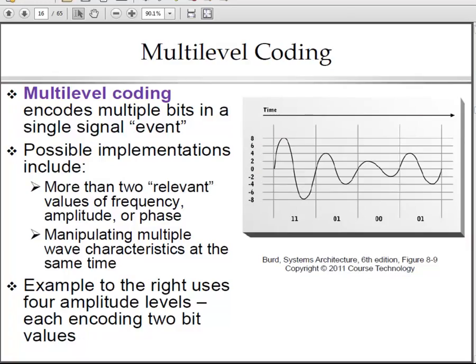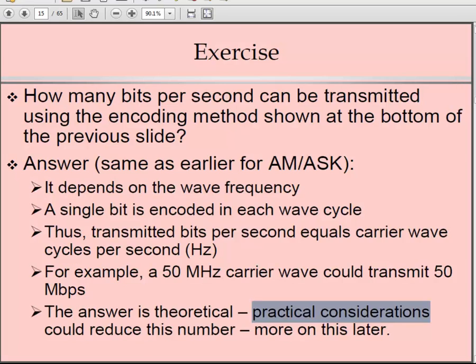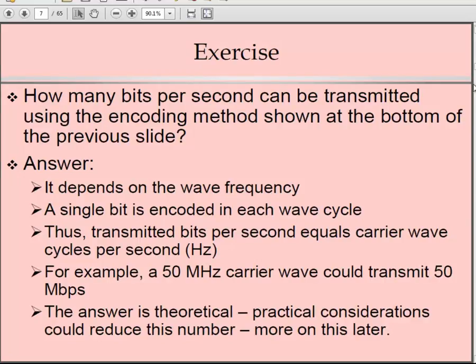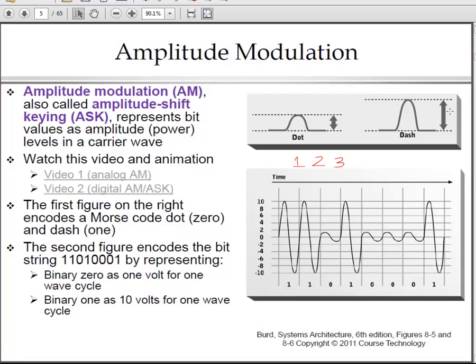All right, one last slide I want to cover in this particular video, and we'll do later slides in another video. Thus far, what we have done is we have played with either amplitude, frequency, or phase to encode a single bit value. There's a 1, there's a 1, there's a 0, there's a 1, there's a 0.